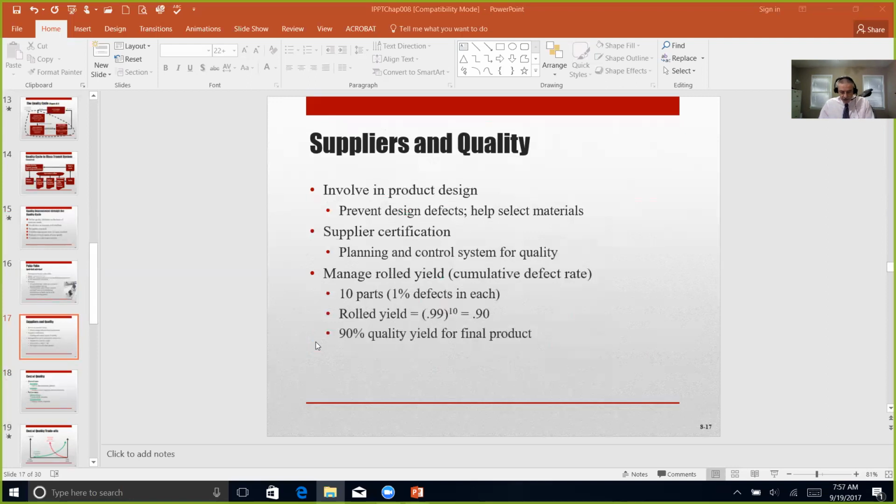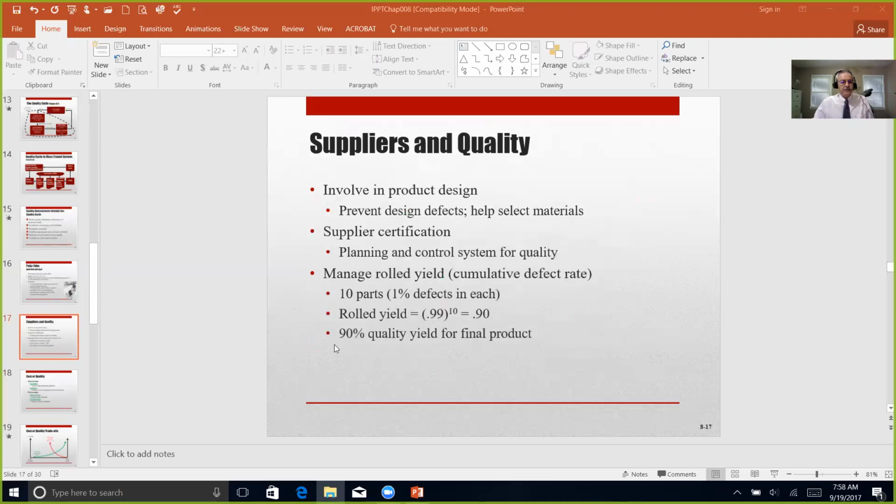Following the rolled yield example, we would have 0.95, or 95%, raised to the 10th power because they're all the same, which gives us a rolled yield of 43.4%. So it's just a way to look at the final product and how we measure that final product based on the effectiveness of each component coming into that particular process.